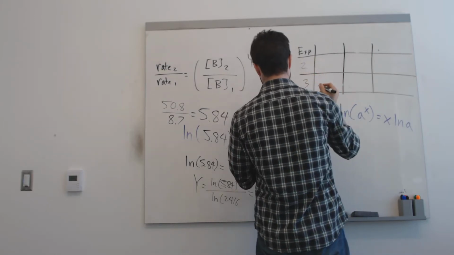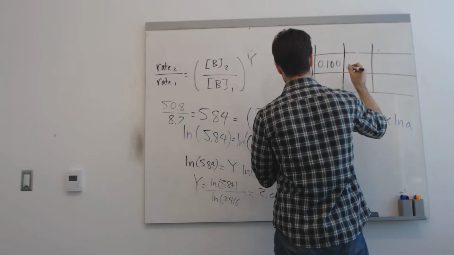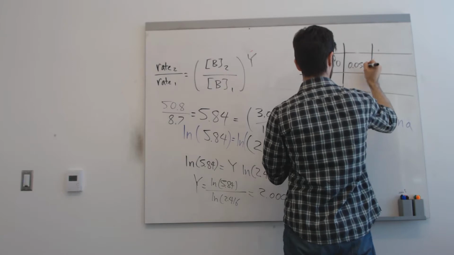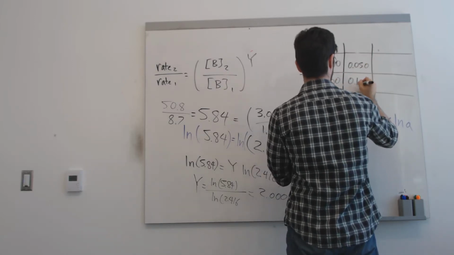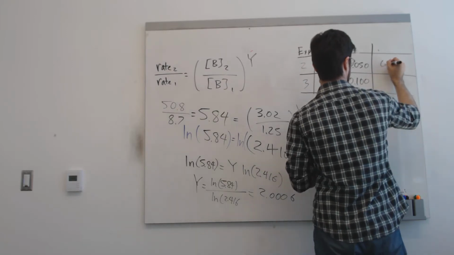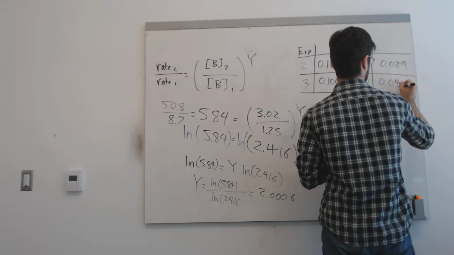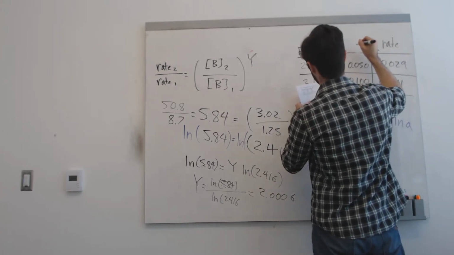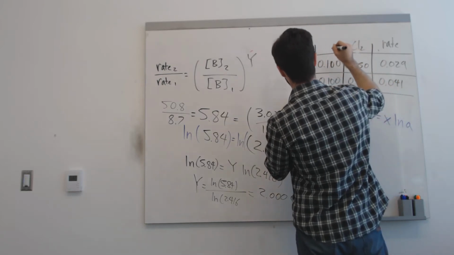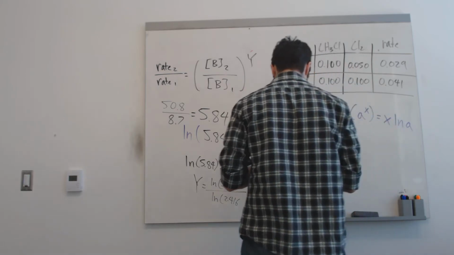My concentrations were 0.100 and 0.050, 0.100 and 0.10. The rates were 0.029 and 0.041. This was the concentration of chlorine, and this was the concentration of chloromethane.